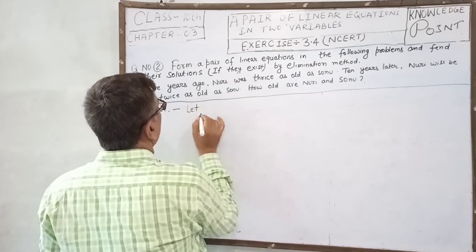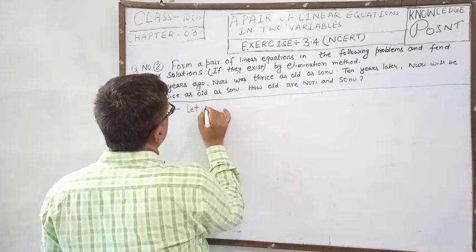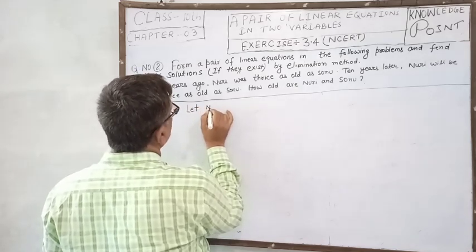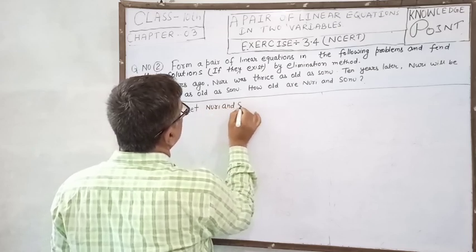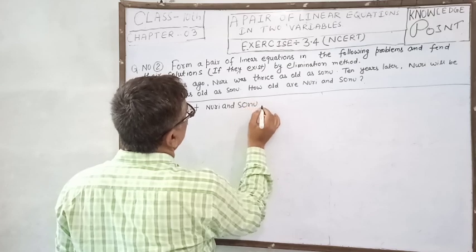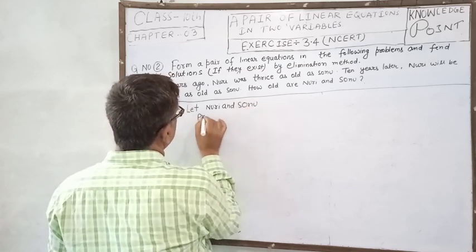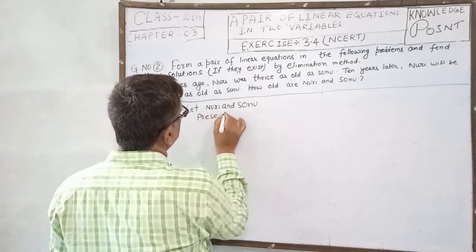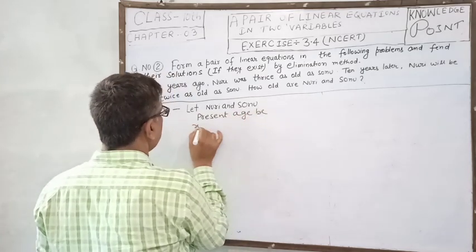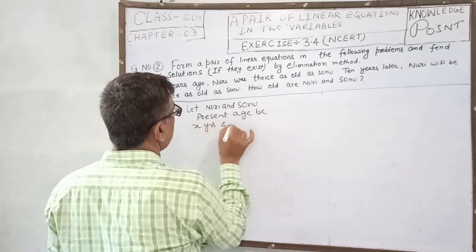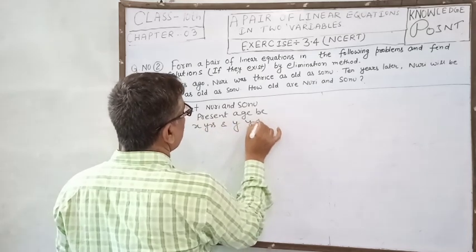First, we consider let Noori and Sonu present ages be X years and Y years.